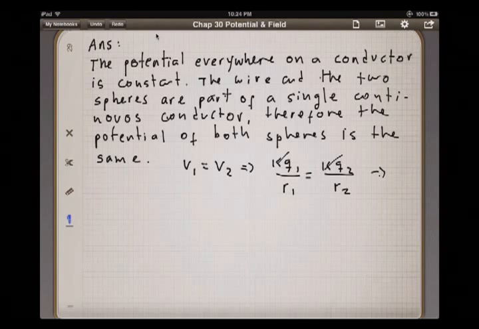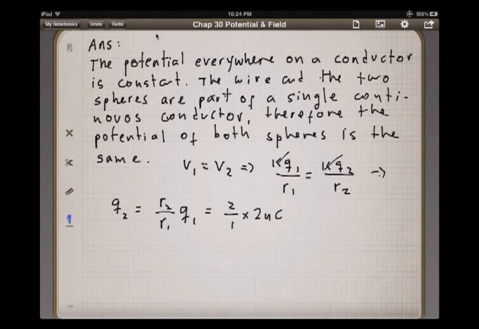So making those two expressions equal to each other, we have that the charge on the second sphere should be equal to the ratio of the two radii of the spheres multiplied by q1.